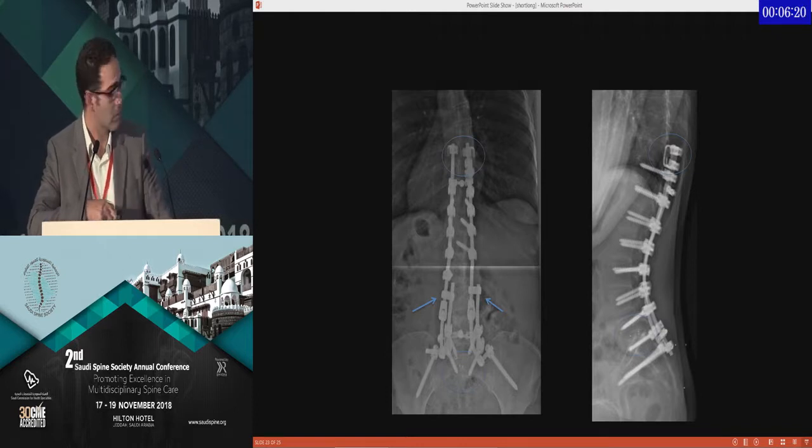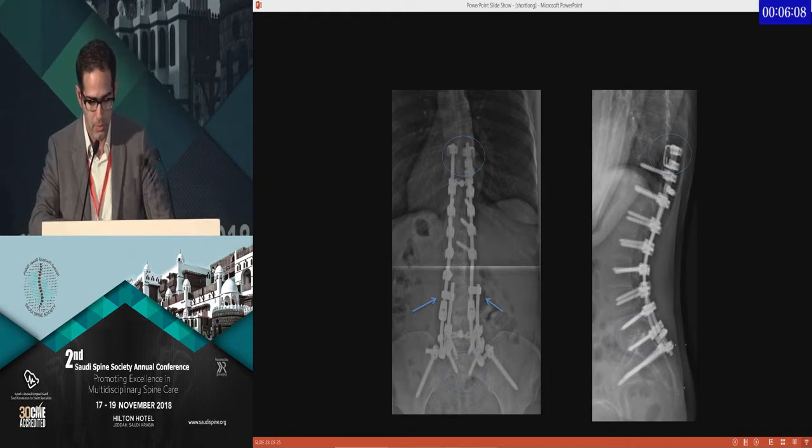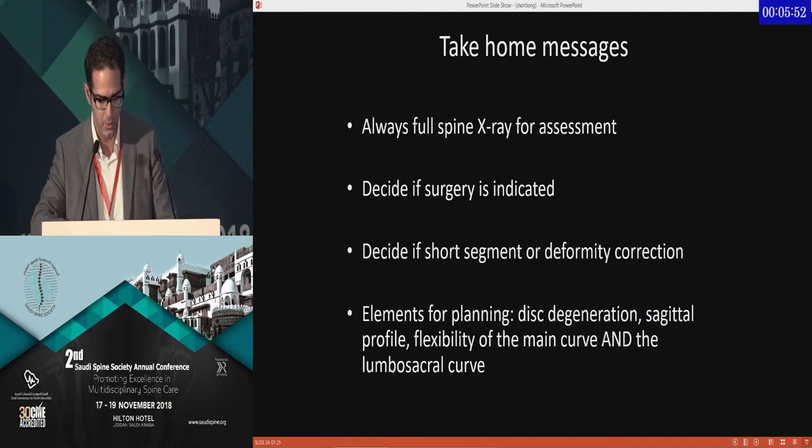So, yeah, the multi-rod construct, as you can see down, and usually I end the construct with a claw hook construct proximally to enable a smooth transition between the fused area and the flexible area. And also, always when you are doing the sacropelvic fixation, put a cage at L5-S1. This is just in order to avoid as much as possible the complications.